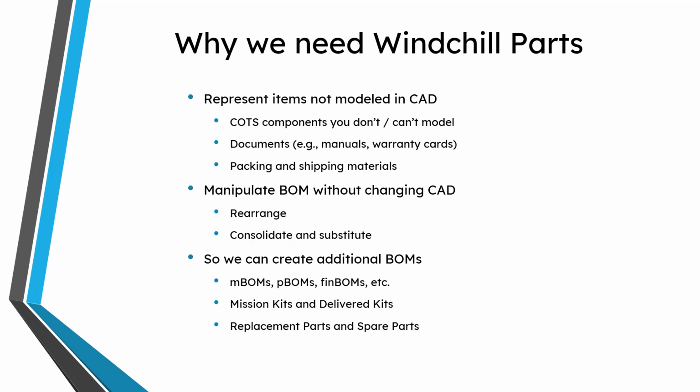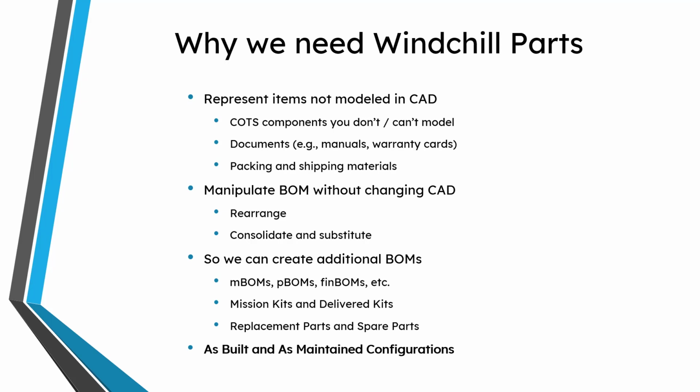So for example, when I worked in drone design, hey, we would have our vehicle, but maybe we would also have some additional controllers, some other different receivers and antennas that we wanted to represent in a product structure. Also, you might want to create a replacement parts product structure or a spare parts product structure. And lastly, you can also create as-built and as-maintained configurations in Windchill.